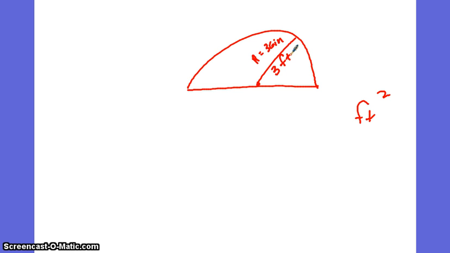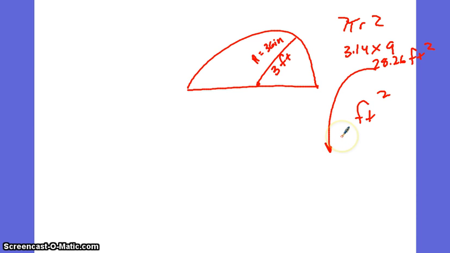If this was a whole circle, we would do pi r squared. That's 3.14 times 9. It says you could use your calculators on this one, so yay if you got one. 3.14 times 9 equals 28.26 square feet. But remember, that's the whole circle, so we don't have the problem done.